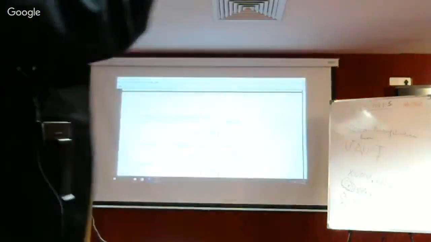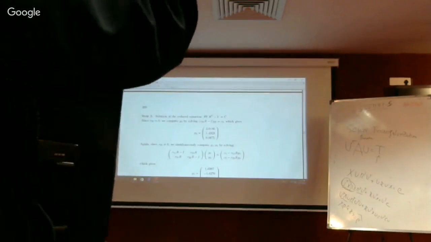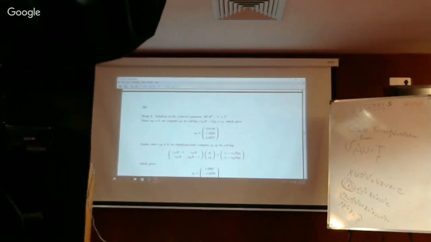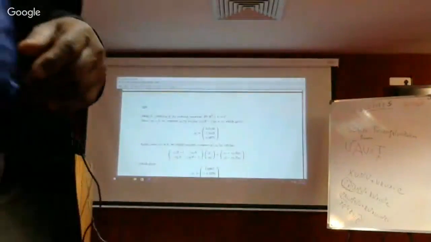So there is an algorithm to directly obtain the matrix L without going through the whole operation. If you are interested, you can look into the book, but it's something I did not cover.